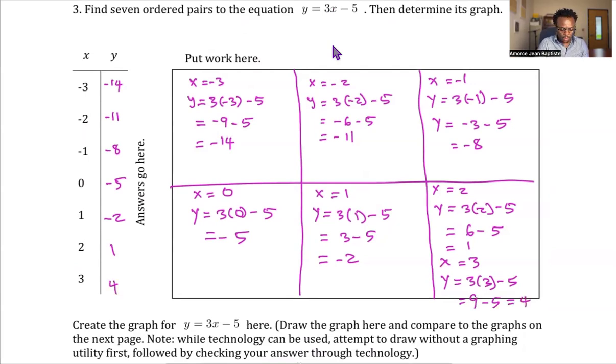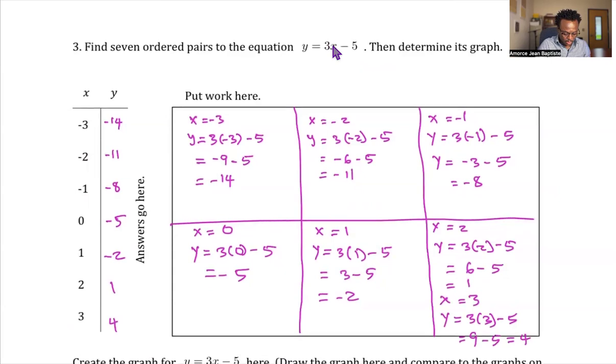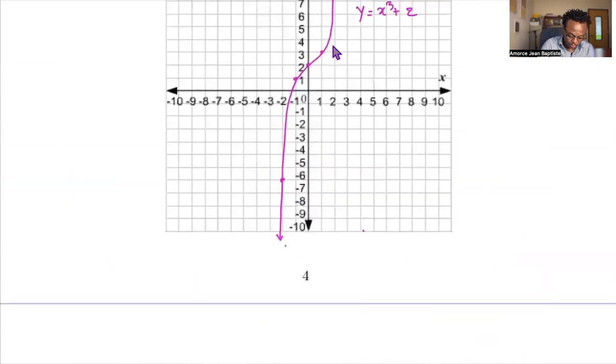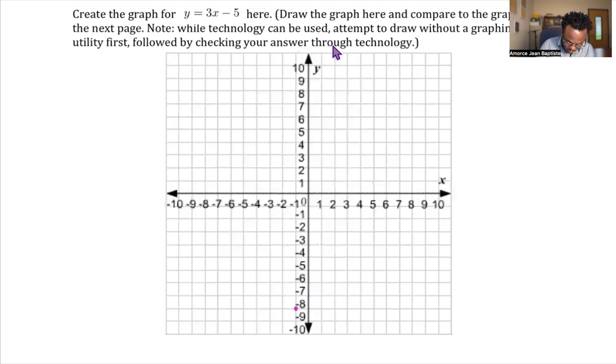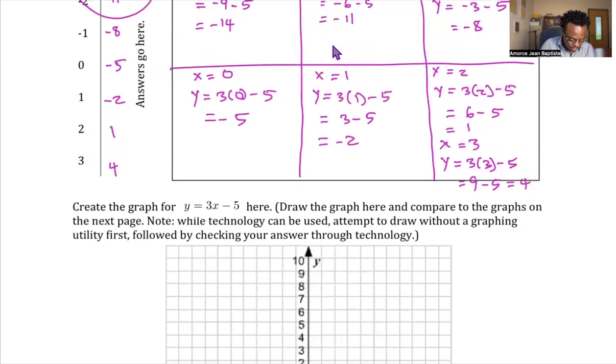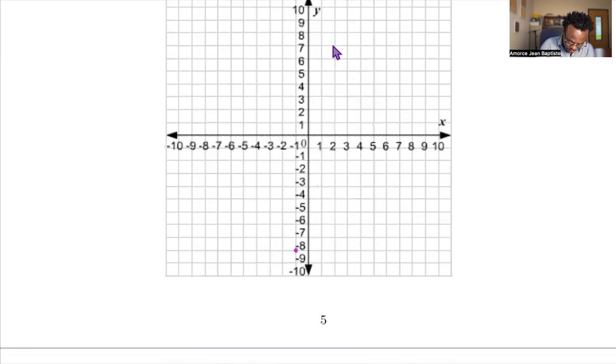So we're going to plot these in the coordinate system. These ones won't be seen, but we can plot -1, -8 here. We have 0, -5.